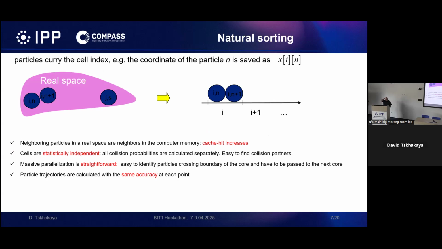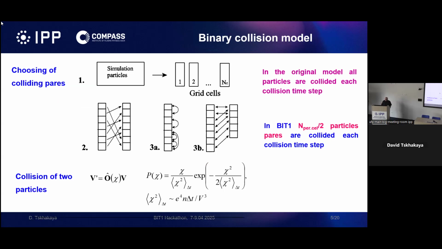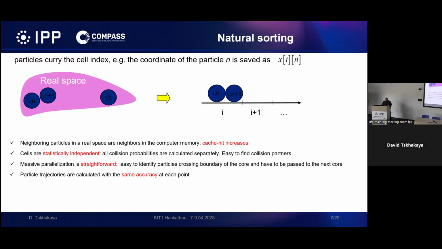Now the idea was, when we were working on this scheme, I wanted to find the fastest sorting scheme, because we need to know which particles are in a given cell. I realized that it's better to simply carry the index of the cell. So for each particle, the array has this index I, which shows in which cell it is located.